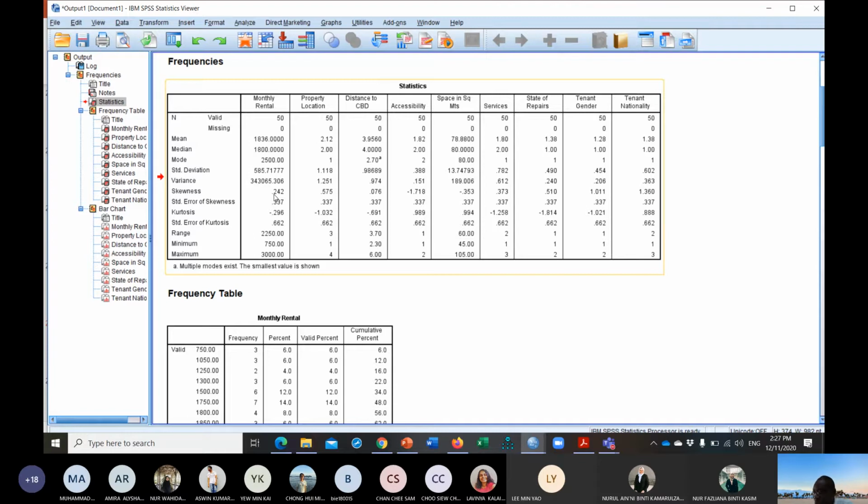So with this value, we'll say the distribution concerning the monthly renter is normally distributed.